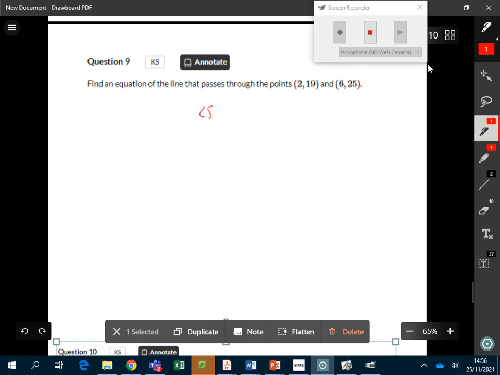So gradient is y minus y over x minus x. So that's 6 over 4, 1.5. So our gradient's 1.5. So we know the equation is y equals mx plus c. Let's write that first of all. So that's y equals 1.5x plus c.